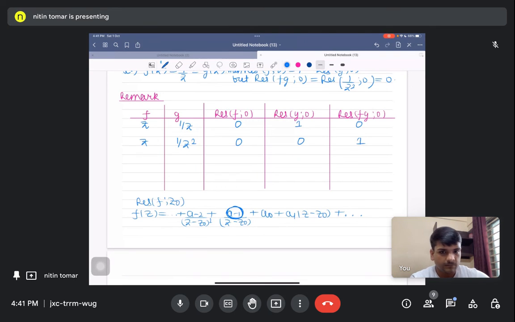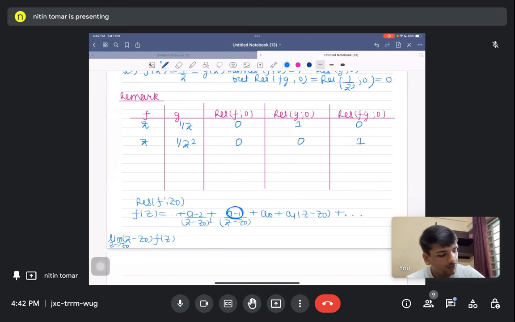So if you look very closely, this is the formula for residue, the formula that you were saying.